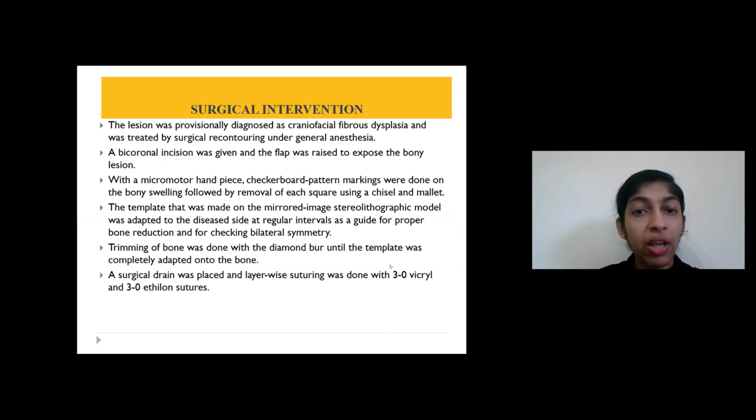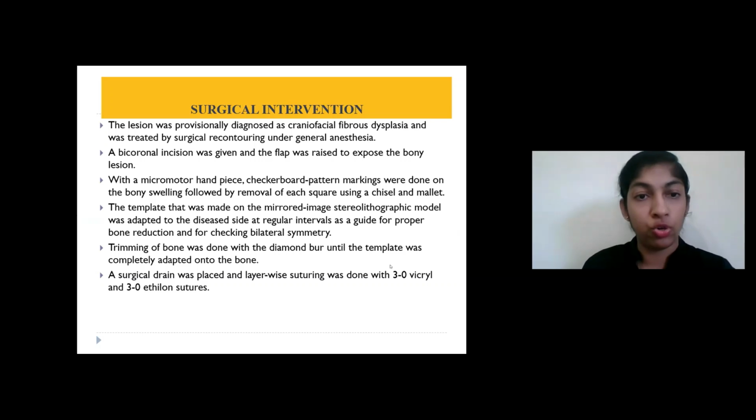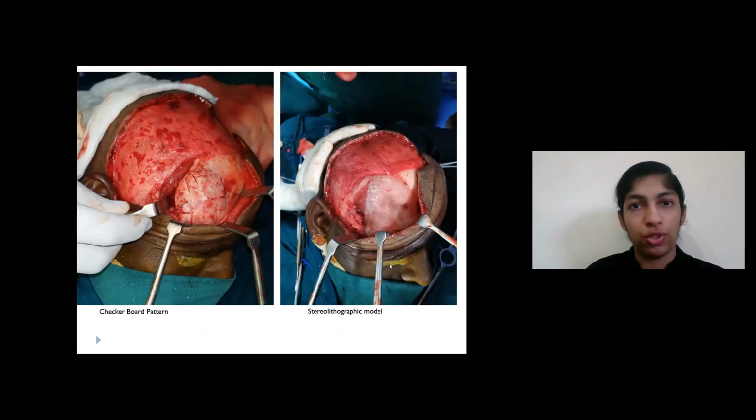Trimming of bone was done with a diamond burr until the template was completely adapted to the bone. A surgical drain was placed and layer by layer closure was done using absorbable suture, and the outer layer using 3-0 ethylene suture.